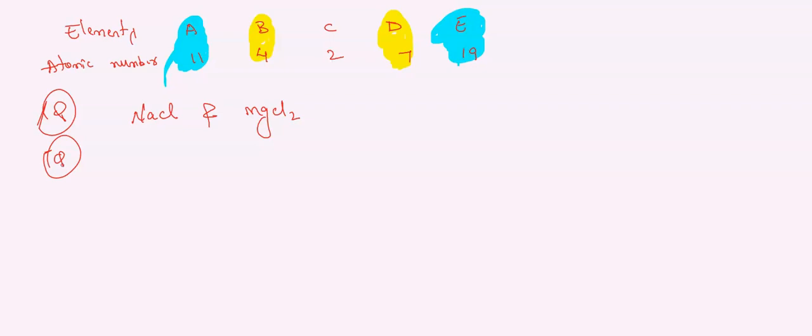Next point. Responses reach motor neuron through association neuron. Responses reach motor neuron through association neuron.